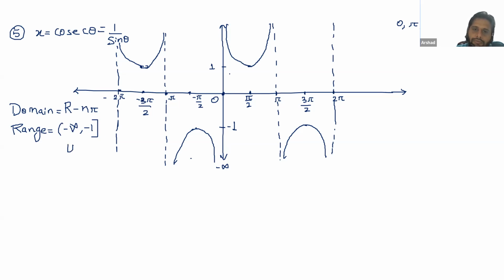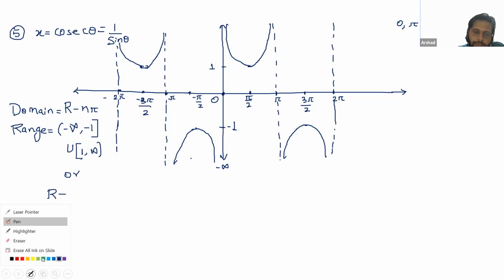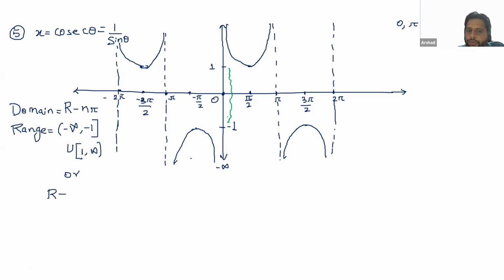Then it is from 1 to infinity. One way to represent the range is this, or you can write R minus the interval minus 1 to 1. If you see this graph, this portion is not a part of the graph, so minus 1 to 1 is not a part of the graph.